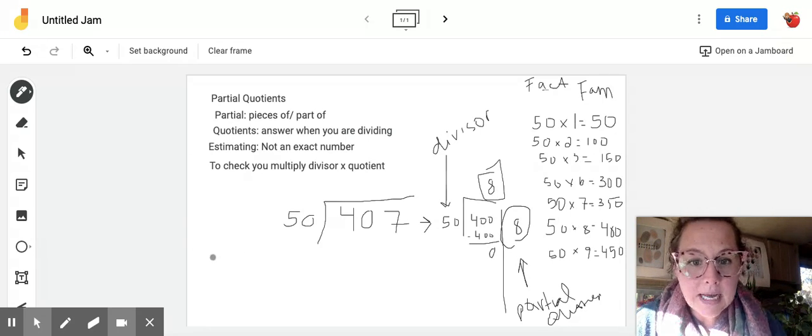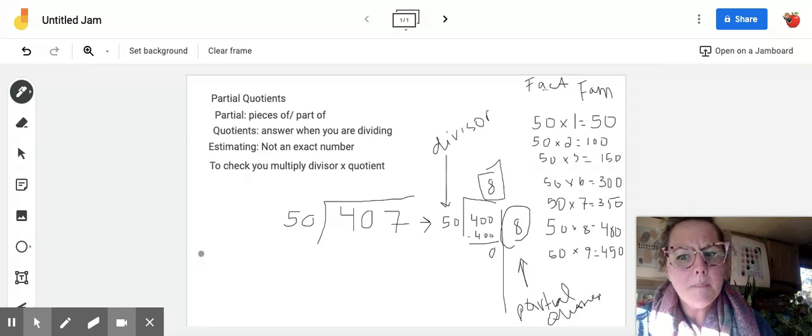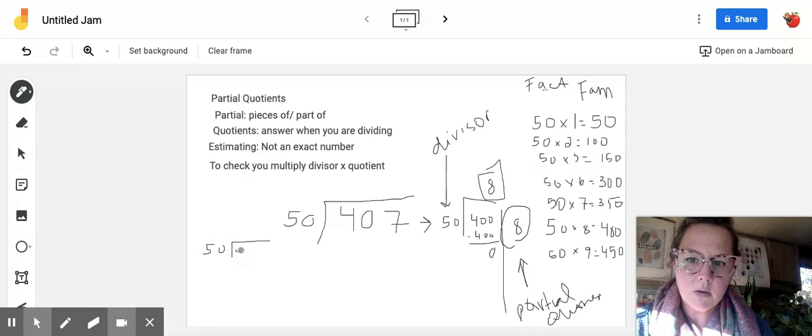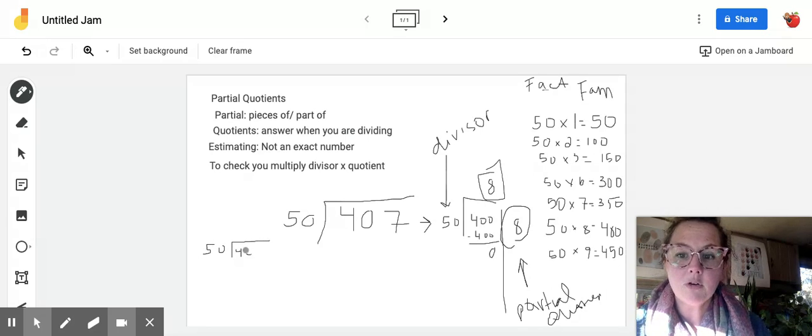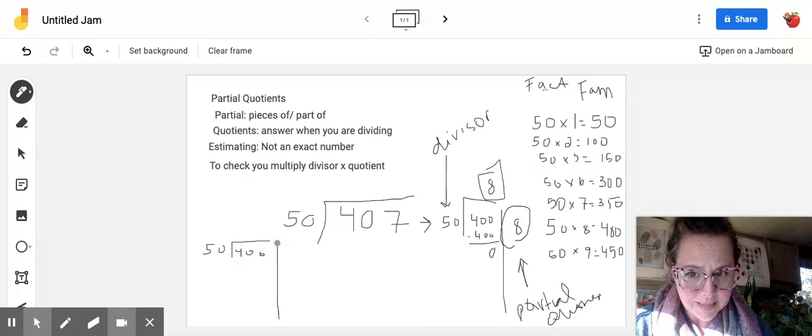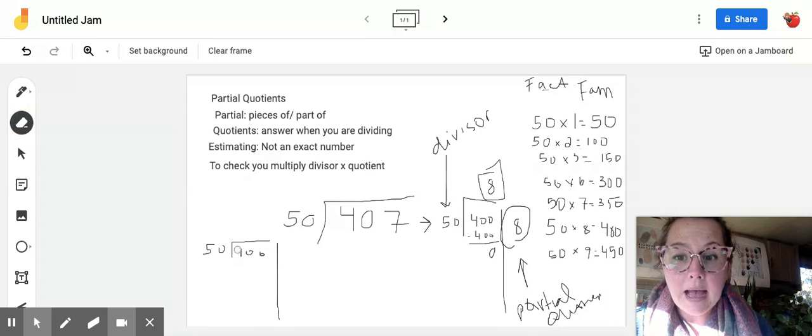Now, let's take a look. Let's do this one more time with the partial products, but let's look at it as if maybe we didn't go so exact. Maybe over here, we're still doing it by 400 because we're estimating. That happened to be the directions for this one. It says 50 divided by 400. I recognize that that does not look good. I want to make my numbers look good.